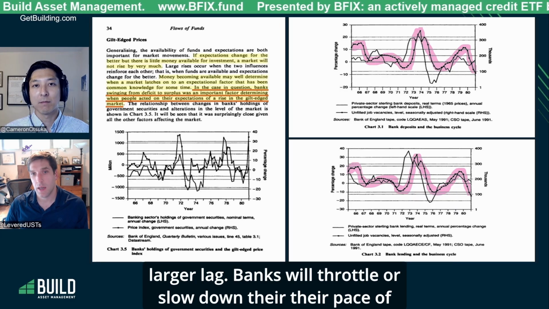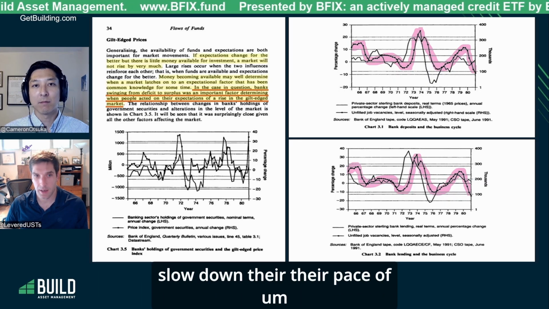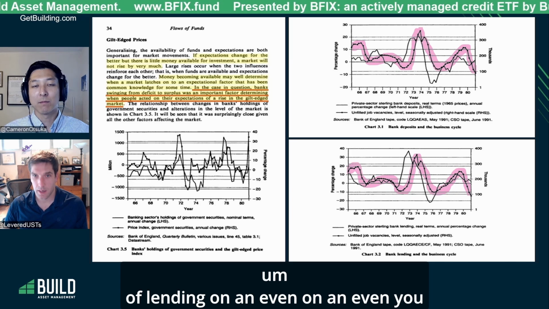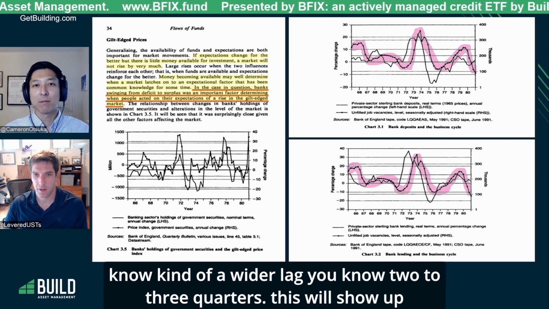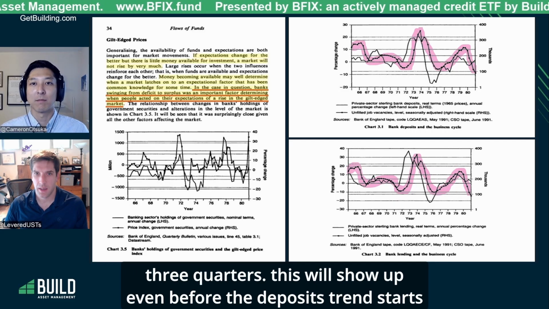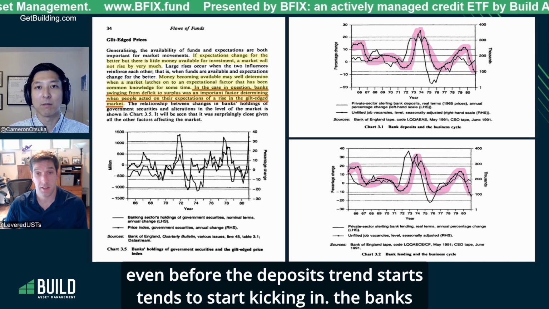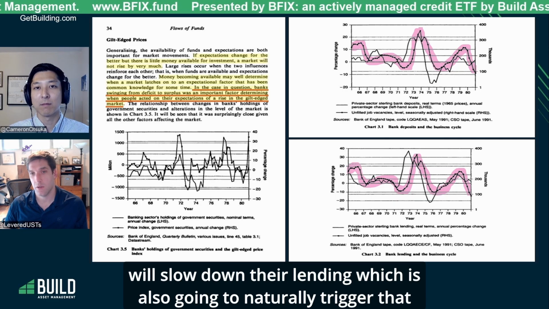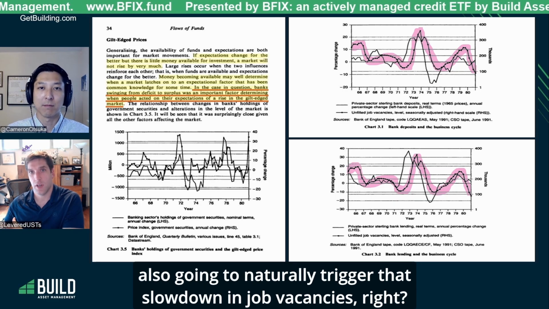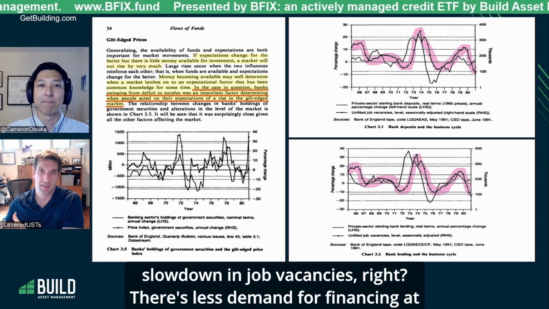Banks will throttle or slow down their pace of lending on an even wider lag, 2 to 3 quarters. This will show up even before the deposits trend tends to start kicking in. But banks will slow down their lending, which is also going to naturally trigger that slowdown in job vacancies, right?